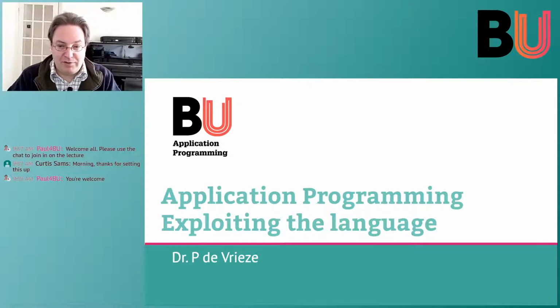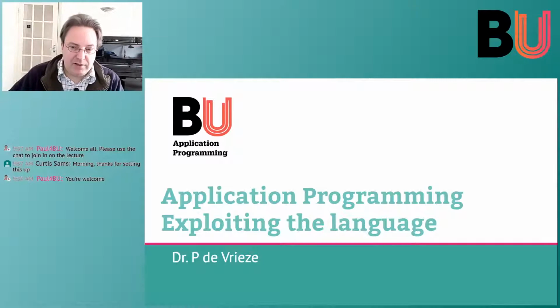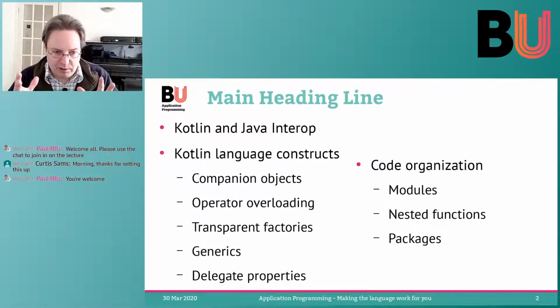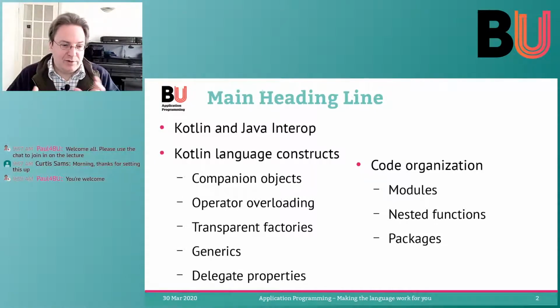And that is what this lecture is about. The main part is first we look a little bit at Kotlin Java interop, and then I look at various language constructs and how you can organize your code in a more complex project. You have seen a little bit of this in the assignment code.